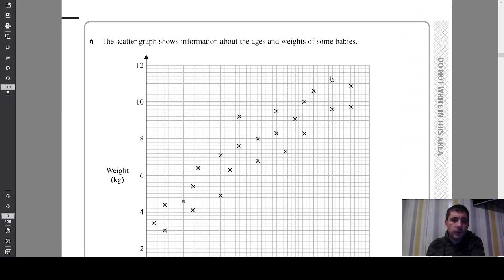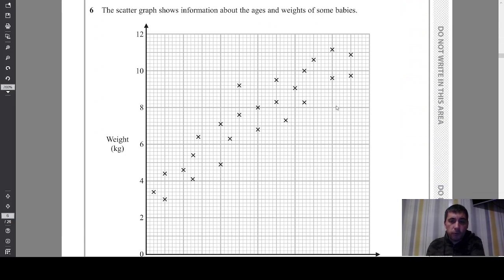Next, move into the scattergram, and as you can see, those questions are not that hard. So just read, don't rush, and highlight and filter the key information. Alright, so let's check what's in this question. The scatter graph shows information about the ages and weights of some babies.